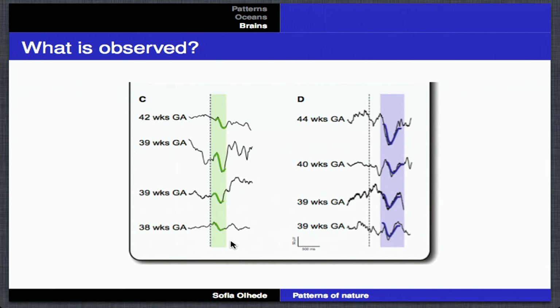So here on the left and right-hand side, you see different trajectories if you want to compare them with the oceanographic data, or different time signals where we've indicated the actual age of the infant, and we've identified a typical type of response to stimuli which is getting compared to the actual time course that we're observing.